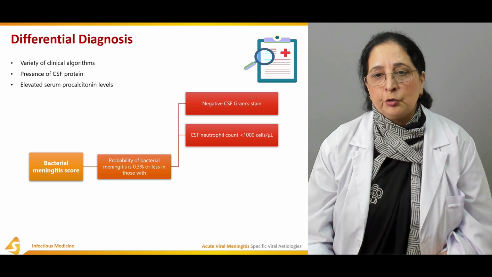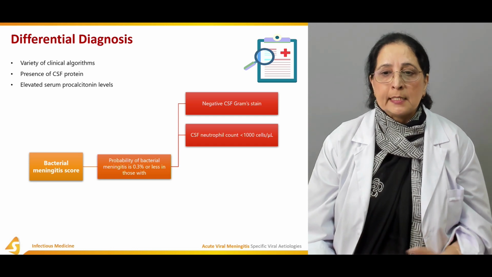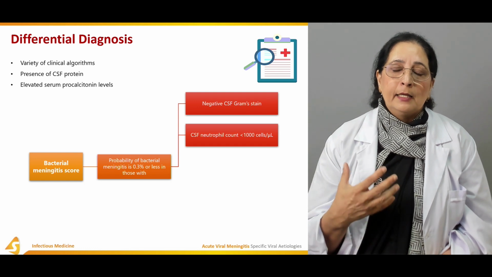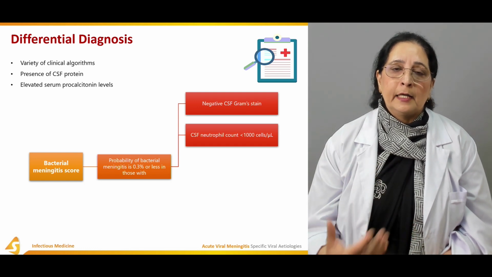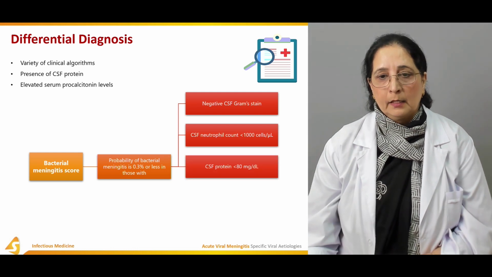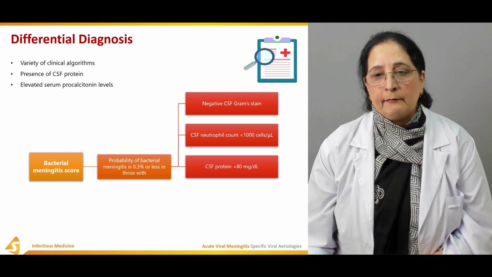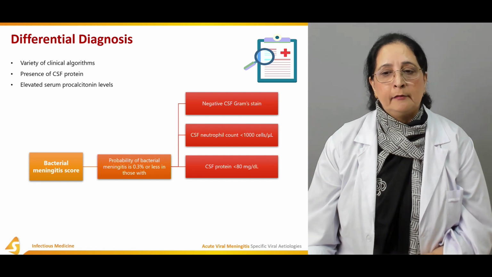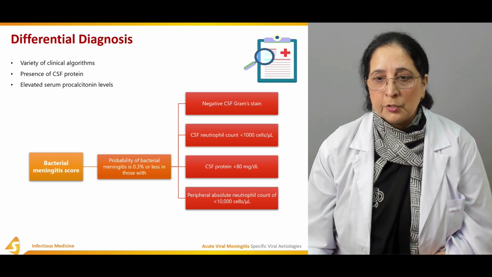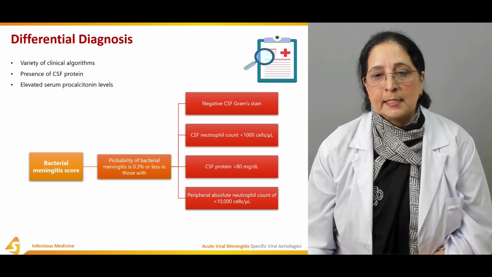CSF neutrophil count, if it's less than 1000 cells per microliter, again, it's very rare that it might be due to bacterial meningitis. CSF protein level less than 80 milligrams per deciliter. Peripheral absolute neutrophil count of less than 10,000.